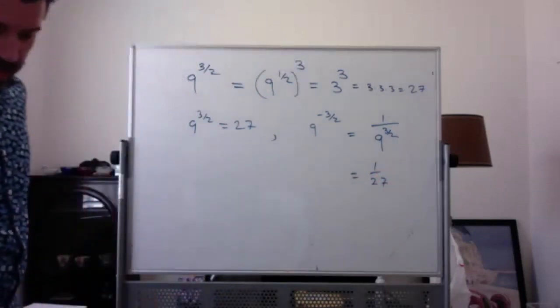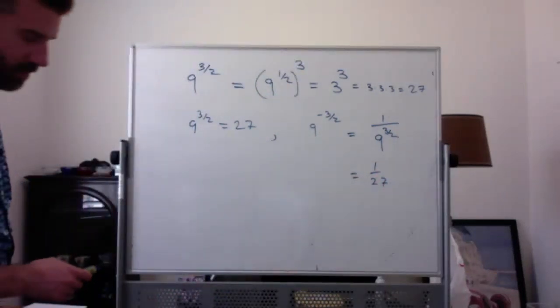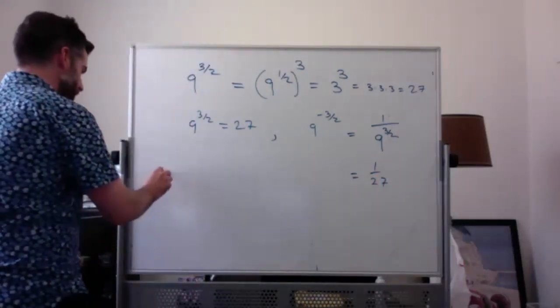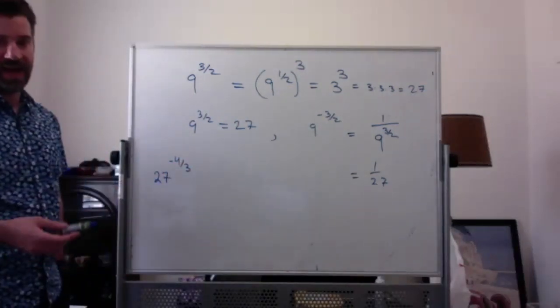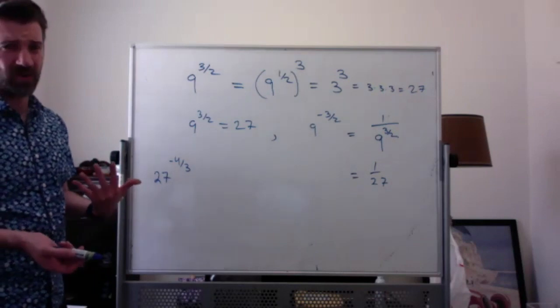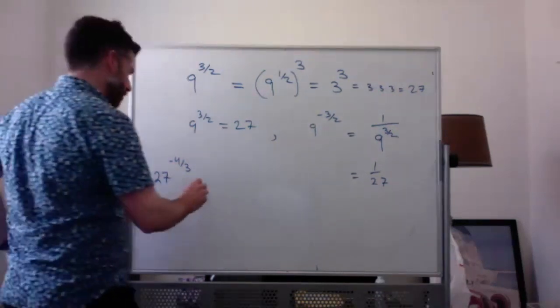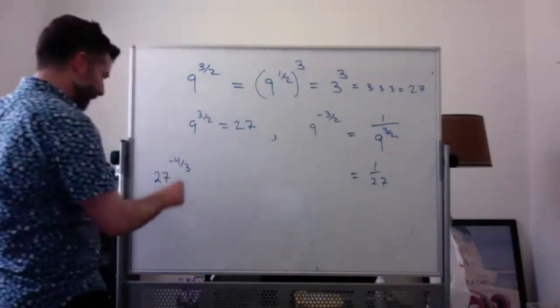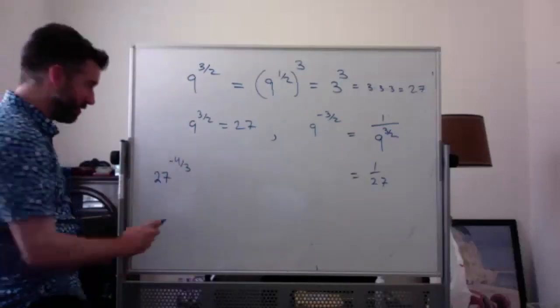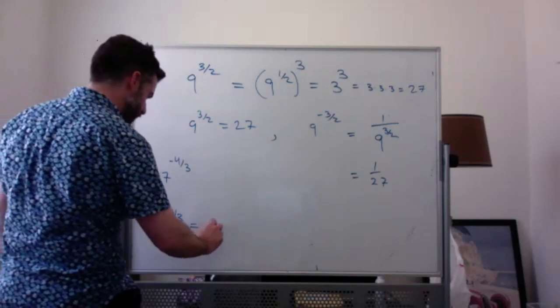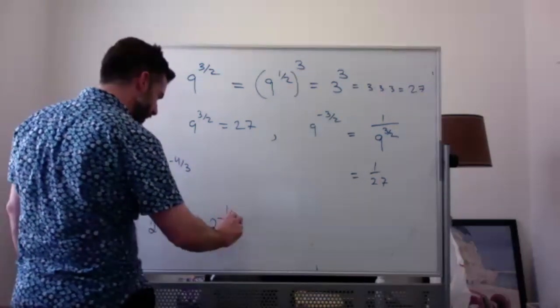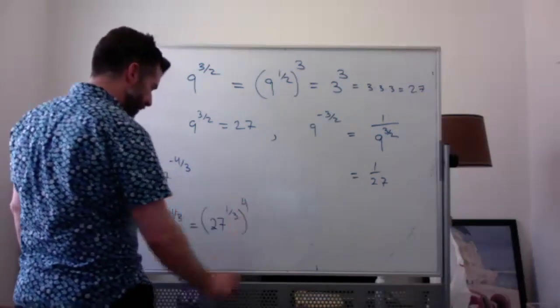Okay, here's my last quick example in 1 minute or less. 27 to the negative 4/3. I kind of ignore the negative power. If I was going to do this, here's what I would probably do. 27 to the 4/3 is equal to 27 to the 1/3 to the 4th.